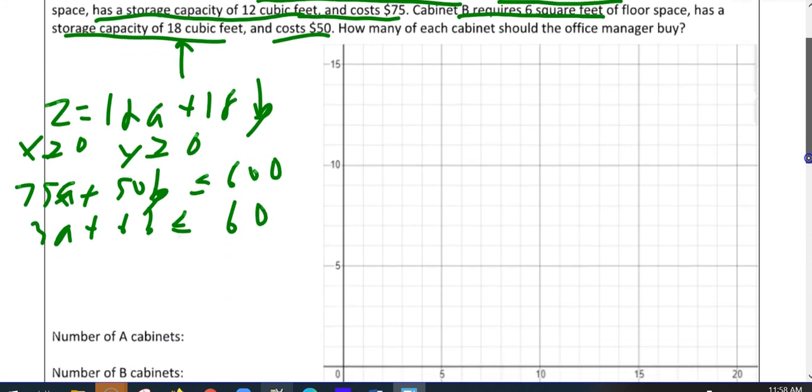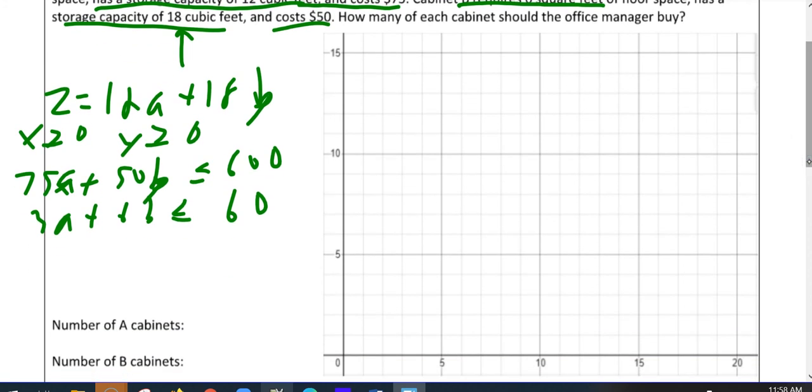Plot it. Plot this. Cover-up method. And then I'm going to get 10.